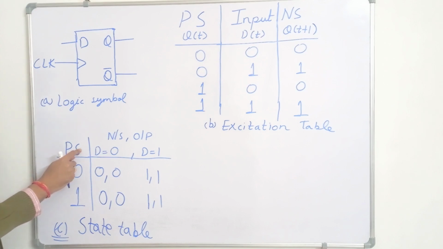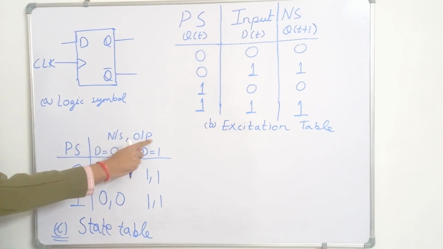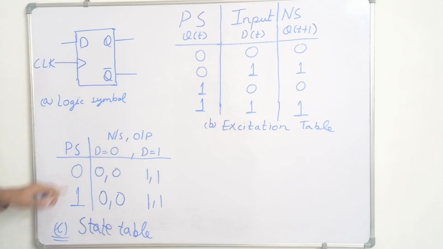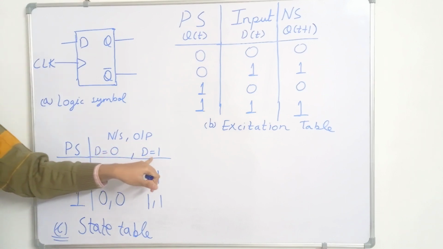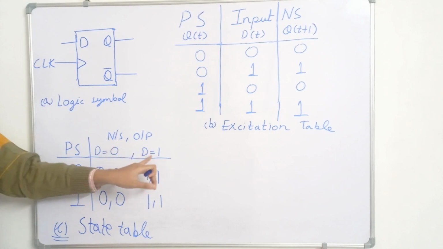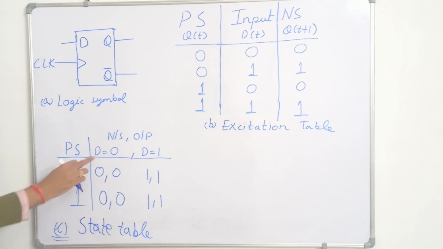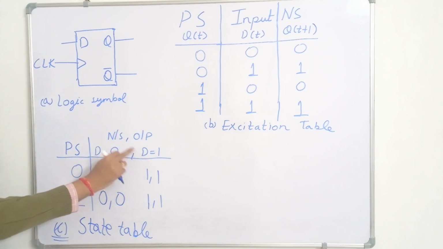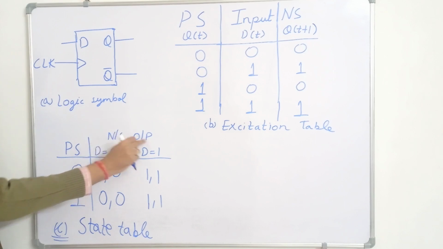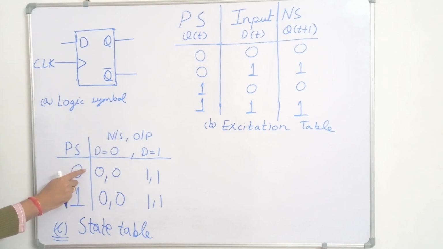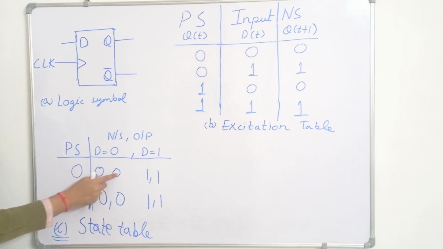The present state is in the first column, the next column will have next state comma output, for input d equal to 0 and d equal to 1, because there are only two possible combinations for input, and we will plot next state comma output. So present state can be 0 or 1. If d equal to 0, next state will be 0, output will be 0.